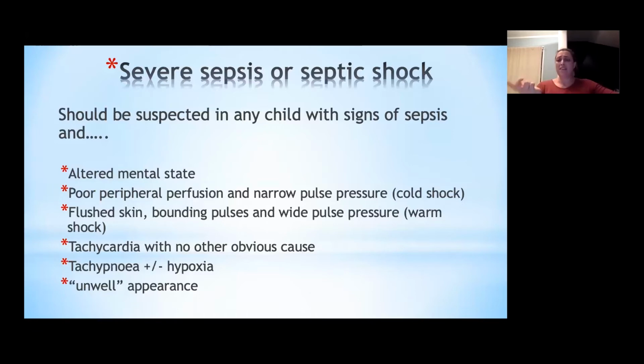It's quite common in the younger paediatric population. But warm shock is also possible, just to make things a little more complicated. This is when they're quite flushed, they've got bounding pulses, and they've got the widening pulse pressure. They're not cold, they don't look mottled and unwell, but they still look really sick.